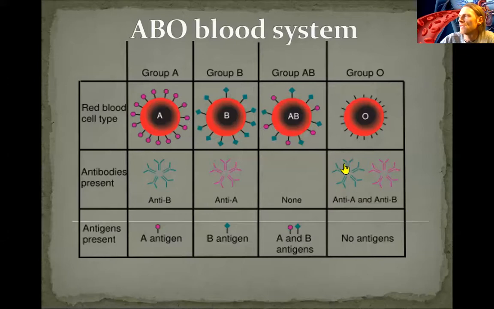Anti-B will attack blood group A. So that means O can only receive from O, okay? The difference is blood group AB. There are no antibodies, so they can receive from everybody, okay? No problem, because there are no antibodies, they can receive from anybody, okay?